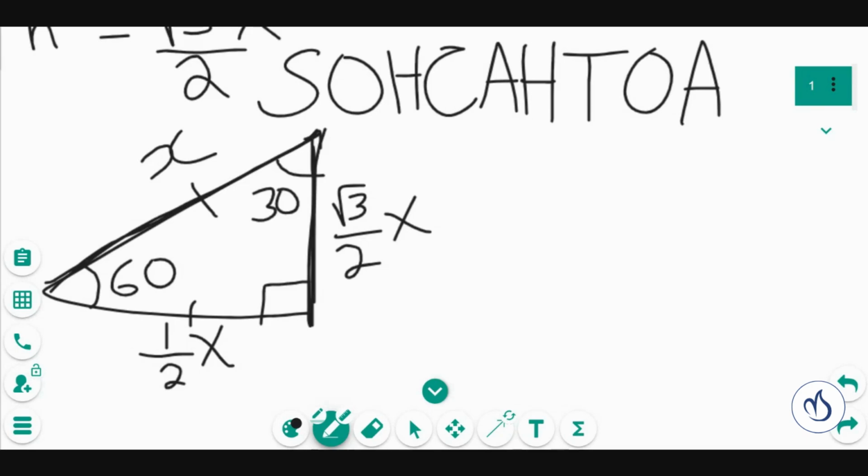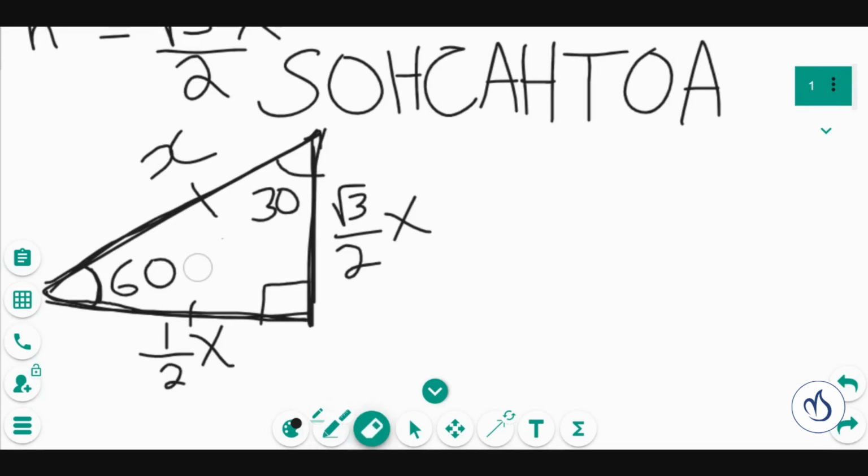But the adjacent, we said, is the side which makes the angle together with the hypotenuse. If I am dealing with the angle of 60, this half x side becomes the adjacent. Then the opposite side is the side which the angle is facing. This angle 60 is facing this side of root 3 over 2 x. That becomes the opposite.